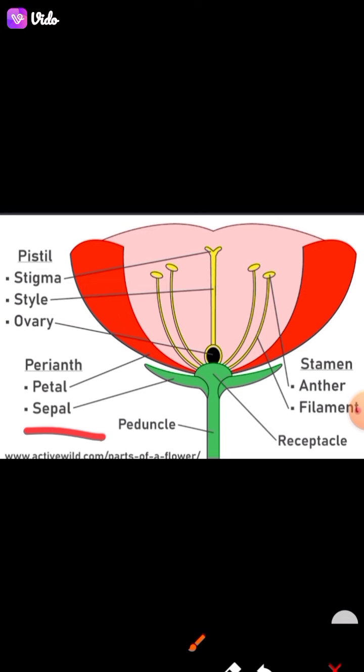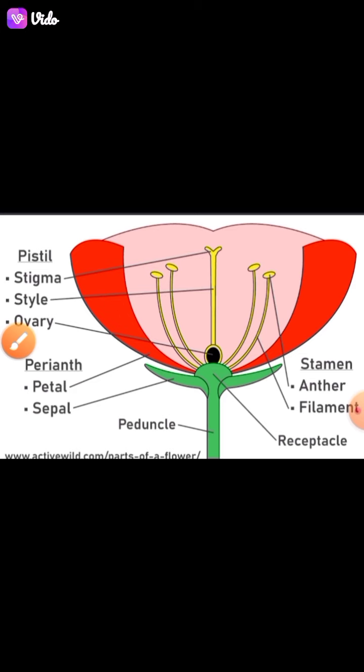Sepals are the units of the calyx, the outer part of the flower, often green in color and leaf-like, that enclose a developing bud. As you can see, the green part here is a sepal. Now moving on to the next part, that is petals. Petals are the colorful parts, here you can see the red colored part, it is the petal.